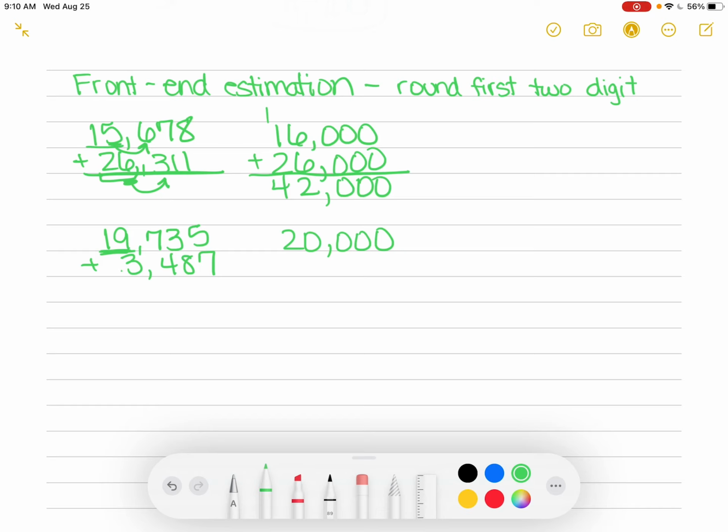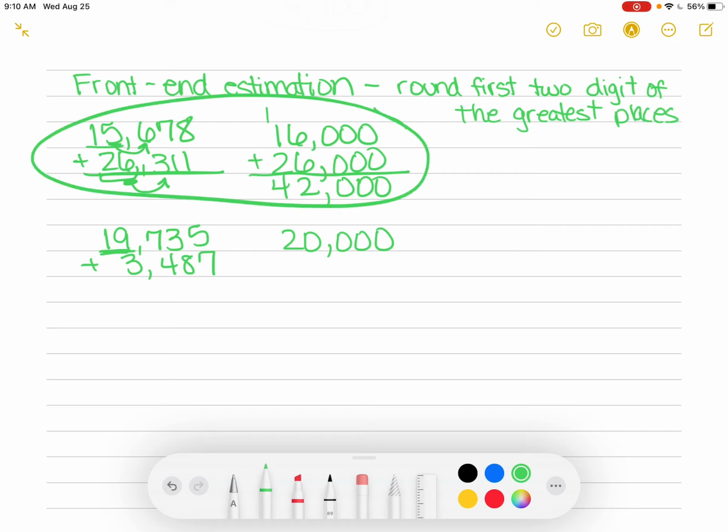Some of the kids take these 2 and round, but that's not what I mean by taking the 2 greatest. I shouldn't have said it that way. Up here where I said round the first 2 digits, that's the first 2 digits of the greatest places. So this first one was different because they had the same places, but this one has different places.